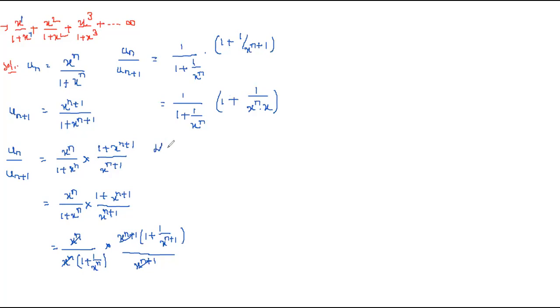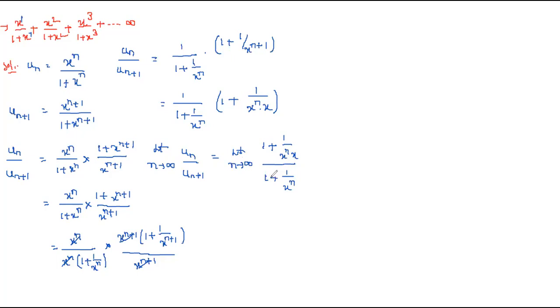And now you can apply the limit for this. Limit n tends to infinity, un by un plus 1 is equal to limit n tends to infinity, 1 plus 1 by x power n into x by 1 plus 1 by x power n.